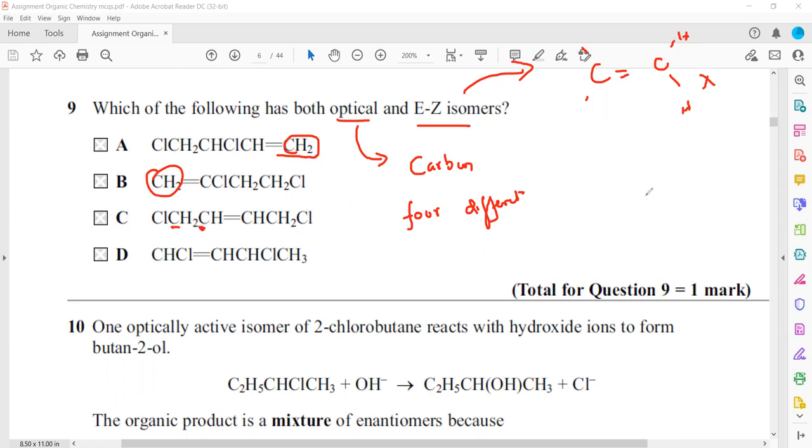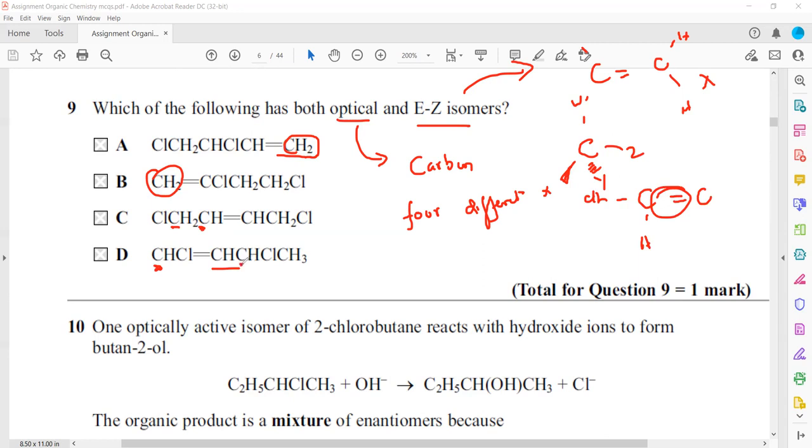And this carbon has a double bond with another carbon, so it cannot be a chiral carbon as it is already having two bonds here. Because to be a chiral carbon or to show an optical isomer, it should be attached with four different groups like W, X, Y, and Z. So this carbon cannot be.